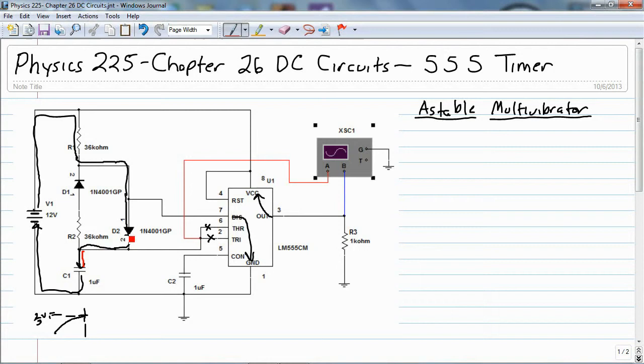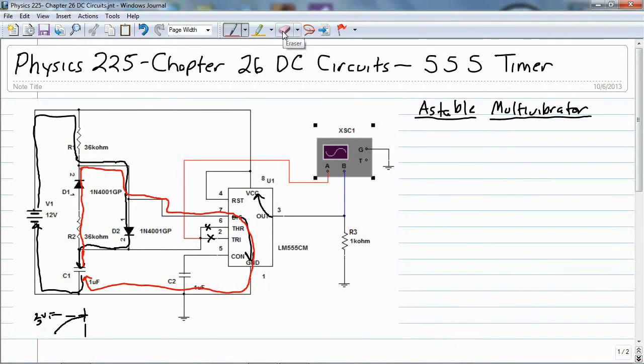It can't flow through this diode, so it's going to flow up through the other diode, through this resistor R2, and then it's going to see ground through pin 7 and back to discharge. So there's two modes, charging and discharging.